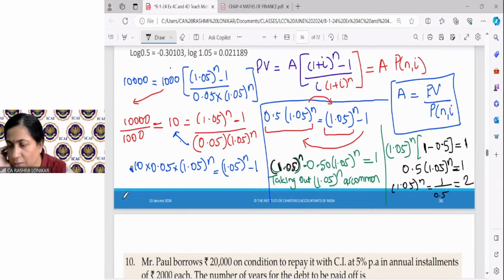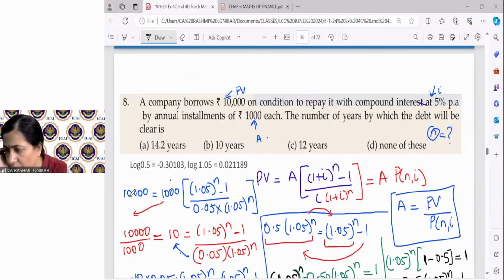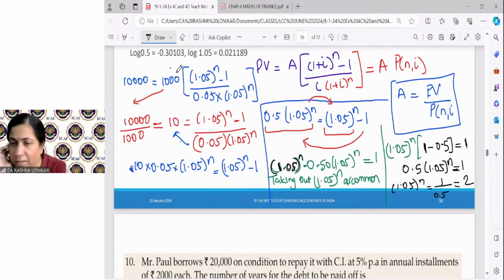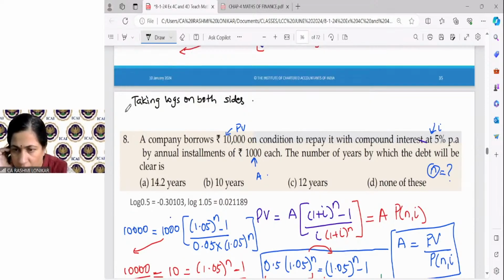What I have to do now is take logs on both sides. What will I get? I will get n log 1.05 is equal to log 2. Log of 1.05 is this much.